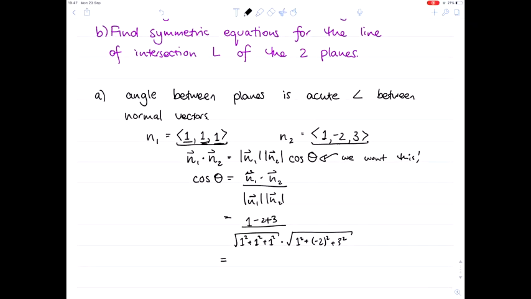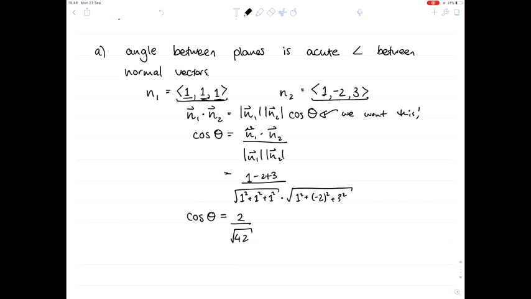And if we tidy this all up, you'll find that you get the cosine of theta is 2 over root 42. So if you plug this into your calculator, and you be careful to keep your calculator in radians, then you'll get that the angle between them is 1.26 radians.